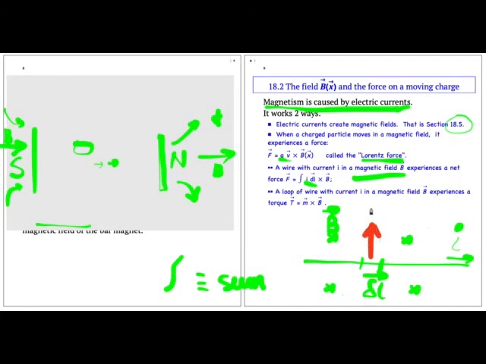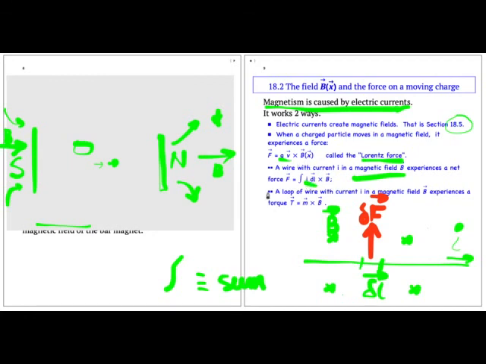So this is the direction of the force. That's the little force on that little piece of wire. It's perpendicular to the wire. It's also perpendicular to the magnetic field. I'll say more about cross products in a minute.